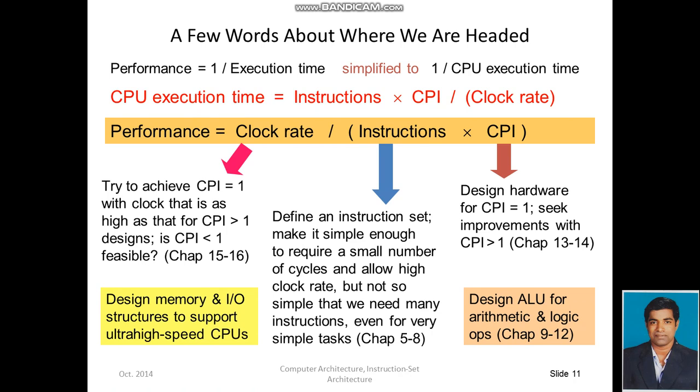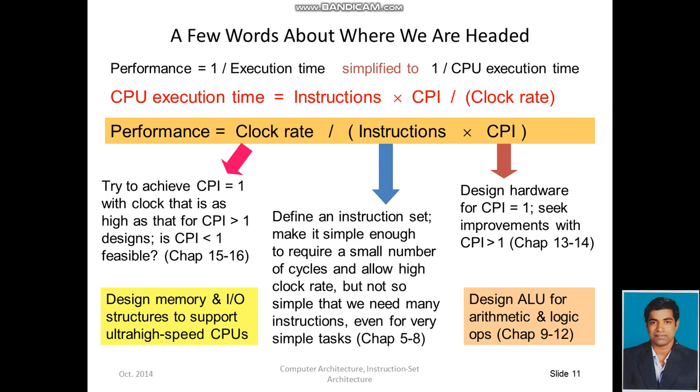Here we have to measure the performance of the particular processor based on the execution time. When execution time is more, then performance is very low. That means performance is inversely proportional to the execution time.